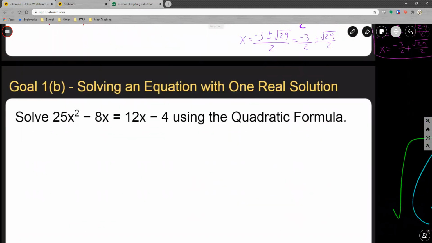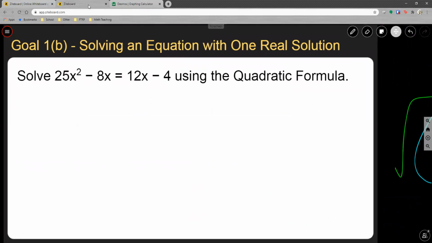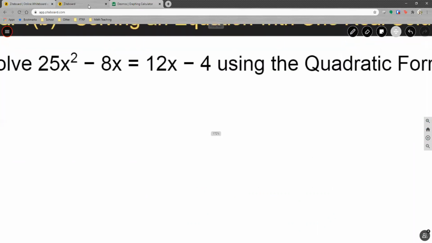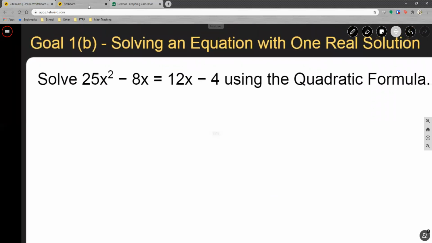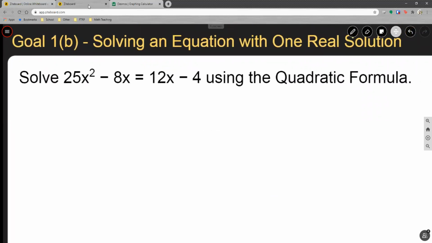So sometimes we have a situation with 1 real solution. We're going to do the same thing again. We're just going to solve using the quadratic formula. The beautiful thing about this formula is that you can use it for any quadratic. As long as you can find your a, b, and c, you're good to go. I have 25x squared minus 8x equals 12x minus 4.